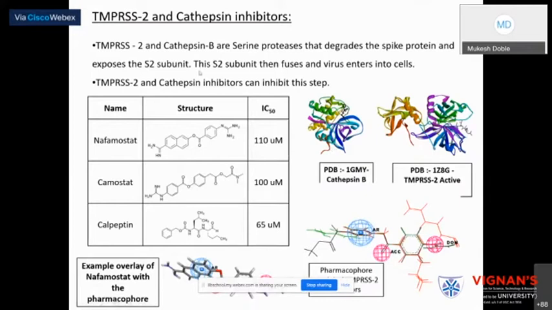If you develop a pharmacophore with known inhibitors for TMPRSS, we find interestingly a common feature: two acceptors and one aromatic. Two acceptors means either two nitrogens or two oxygens present, and there is an aromatic, at a certain distance. So that's the common pharmacophore for all these molecules: one aromatic, two acceptors. So what's the use of this pharmacophore?